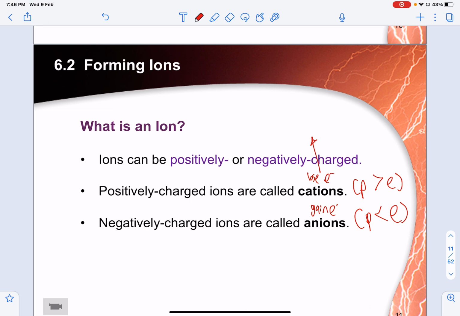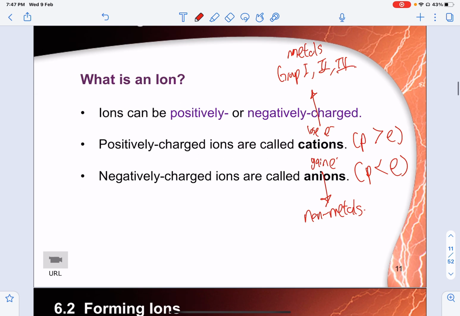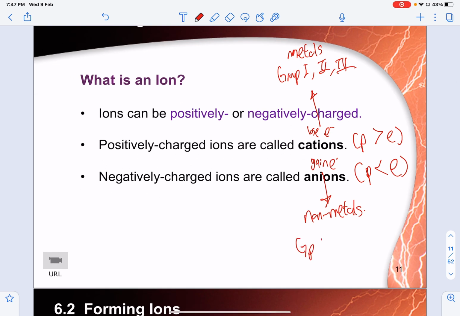So what we can see is your group 1, 2, and 3, they tend to lose electrons more favorably as compared to your non-metals. These are your metals. They are non-metals, which tend to accept electrons easily, which are your group 4, 5, 6, and 7.